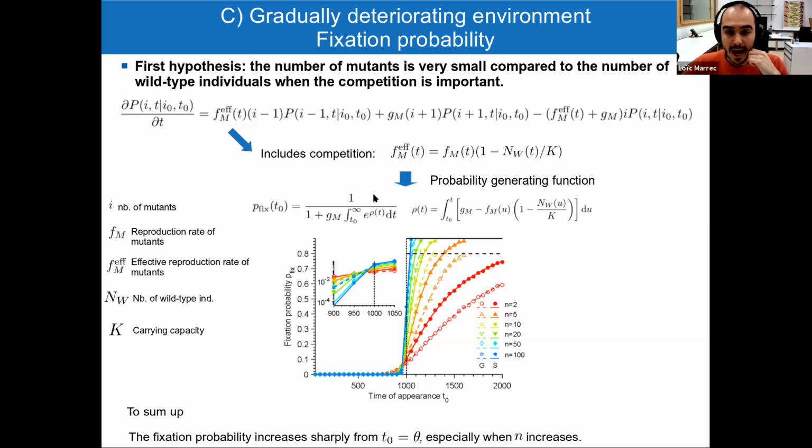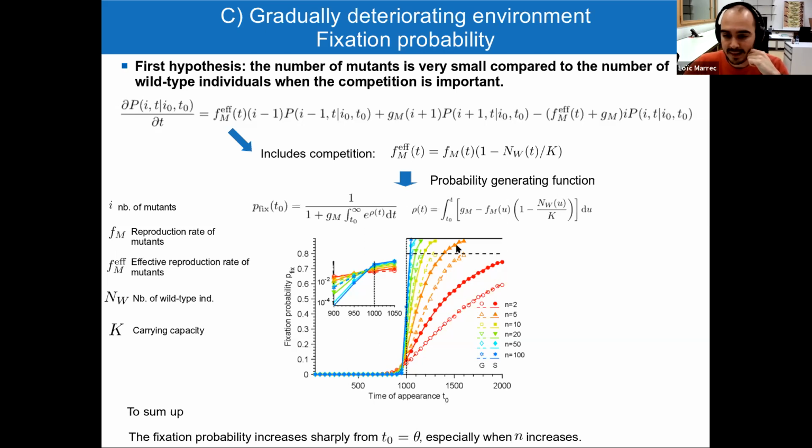Okay, and so we can solve this master equation, and because I am able to solve it, then I can get the fixation probability of a mutation that appears at a given time. In this figure, I'm showing you the fixation probability versus the time of appearance of a mutant, for different Hill coefficients.